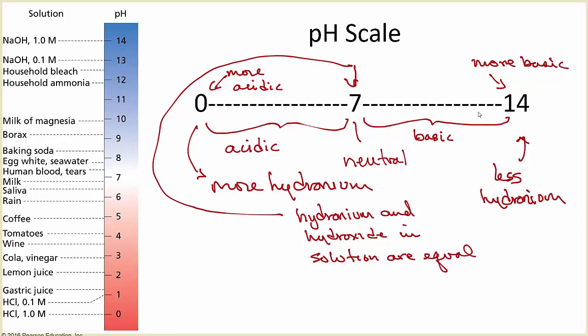And I could explain that to you individually later if you have questions, but pH 7 is considered to be neutral because hydronium and hydroxide concentrations are exactly the same. Now, so that's the pH scale. You'll notice sodium hydroxide, when it's 1 molar, gives you a pH of 14, whereas hydrochloric acid, when it's 1 molar, gives you a pH of 0. So this is basically the range of very acidic to very basic.